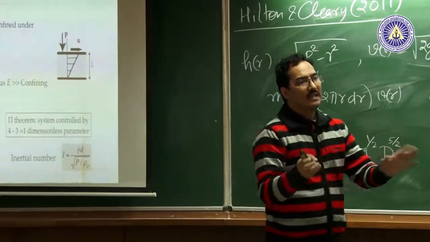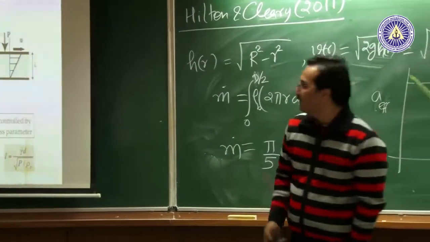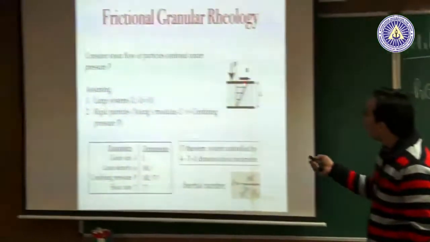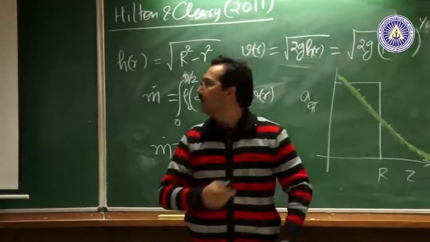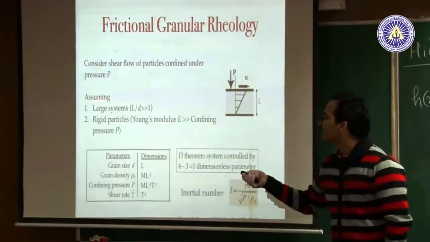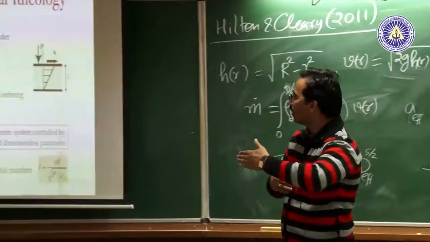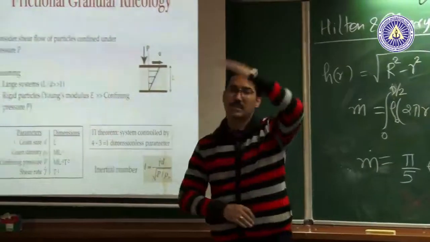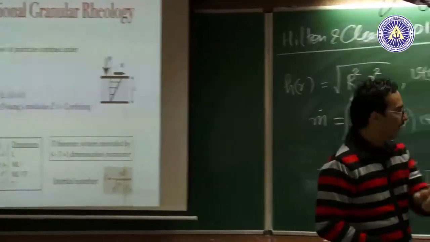And that can then be understood again in terms of dimensional arguments. So you are talking about shear flow of particles which are confined under a pressure P. Assume that the system is really large, which means we are not talking about a few grains, you have a rather large number of grains, so that the grain size itself becomes unimportant.